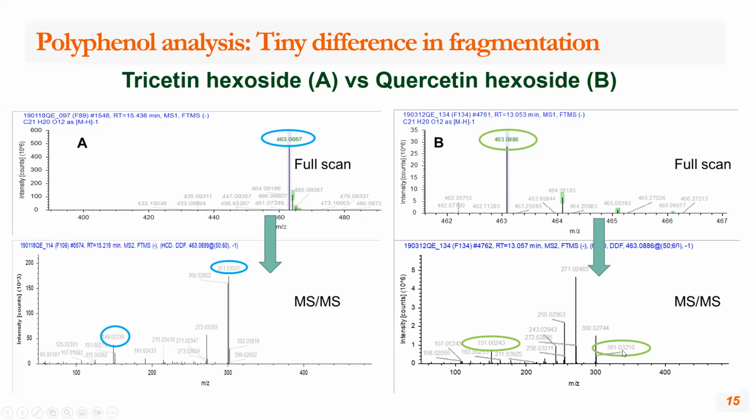When they fragment, they mostly give similar puzzle pieces, but we notice that the tricetin itself gives a very intense fragment at 149, and a smaller one at 151 m/z. But the quercetin just gives 151. It's a very small detail, but it actually helped. It was the only difference to distinguish between tricetin and quercetin.